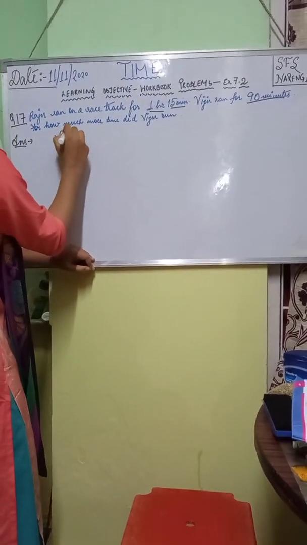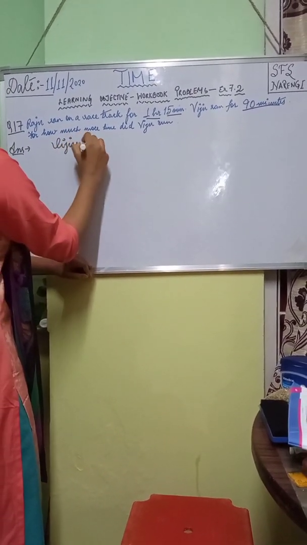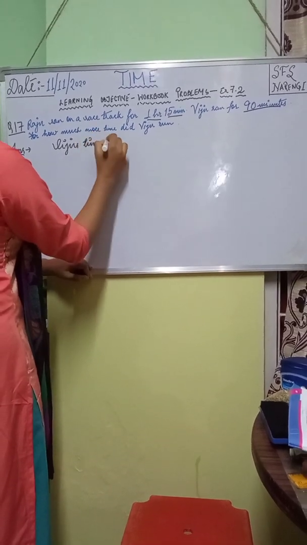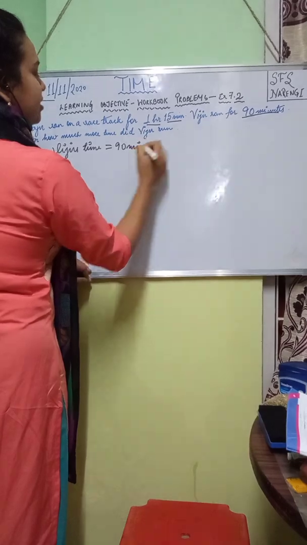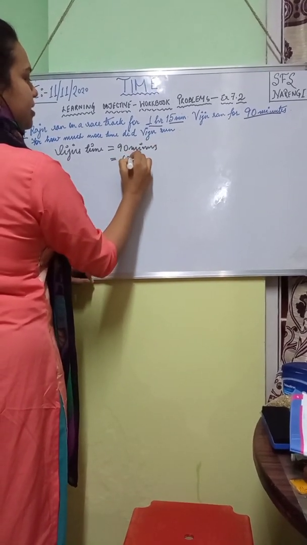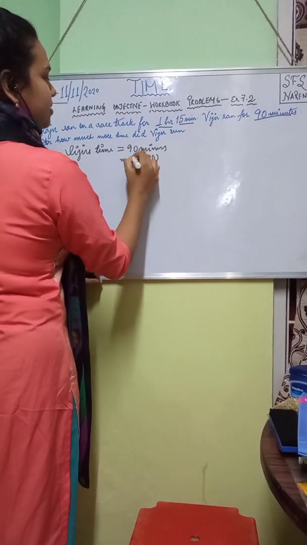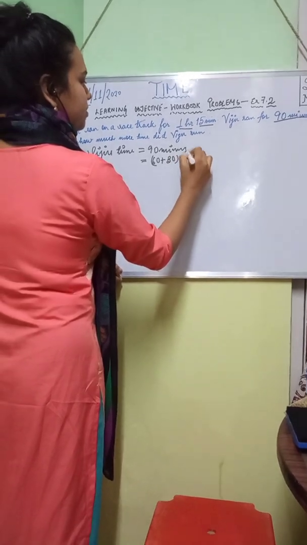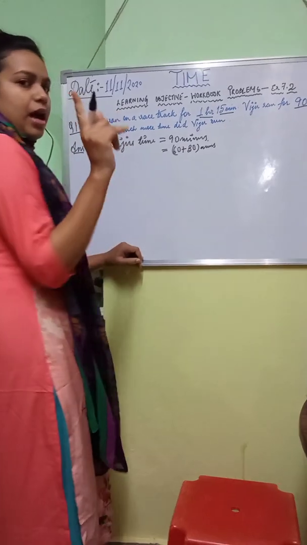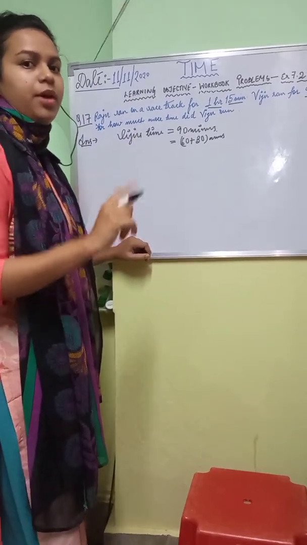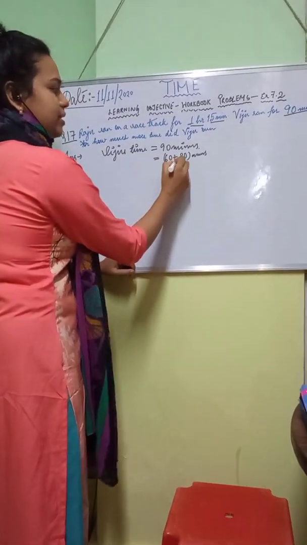Viju's time equals 90 minutes. 90 minutes can be written as 60 plus 30 minutes. And 1 hour is equal to how many minutes, children? 1 hour is equal to 60 minutes.